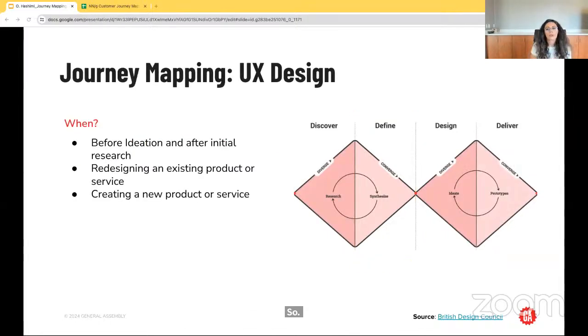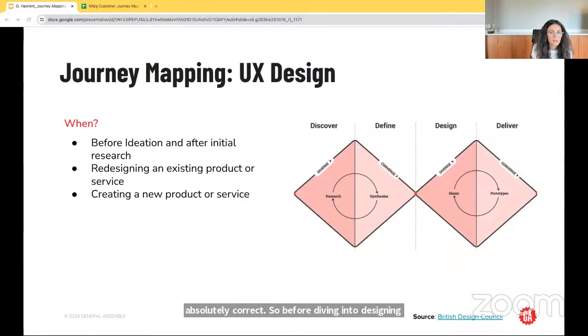So when do we journey map? So the majority of y'all said define, and that is absolutely correct. So before diving into designing the blueprint or mapping the behavior of our product for any new or existing product or service, we make an effort to really define what the problem is.